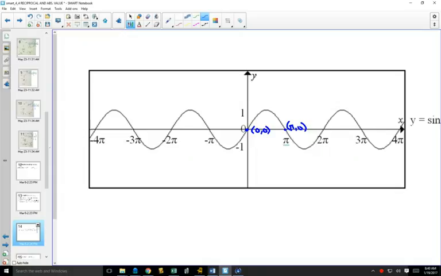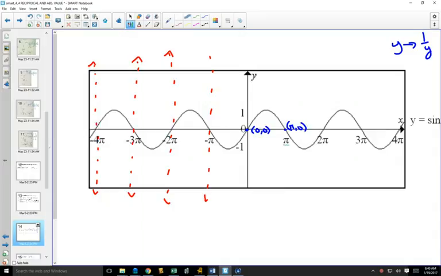And if the reciprocal graph changes every y-coordinate to 1 over y, well, whenever we have 0 for y, we're going to have a problem, because 1 over 0 is a non-permissible value. So we have vertical asymptotes whenever we have x-intercepts.